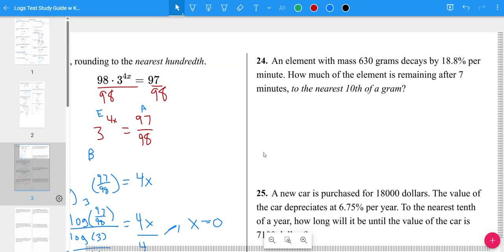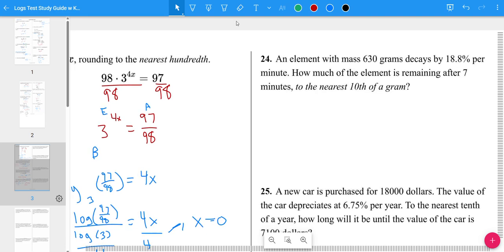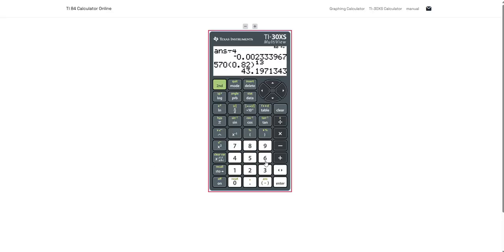24. Same exact problem with different numbers. So here, this is my A. My B is going to be a little bit harder. It's decay again, so 1 minus 0.188 equals, let me do this with my calculator, just to make sure I don't mess the math up. 0.812.